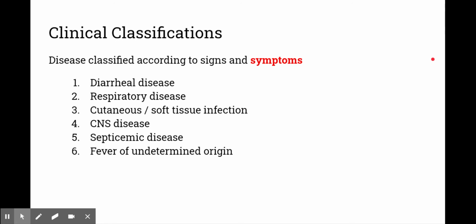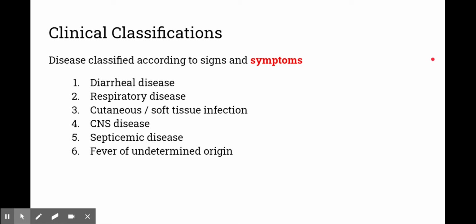Okay, how else do we talk about infectious diseases? Well, what do they do to us? How do they get us sick? We can broadly classify infectious diseases also by their clinical classification. Well, they can give us diarrhea. They can produce respiratory disease, such as COVID-19.